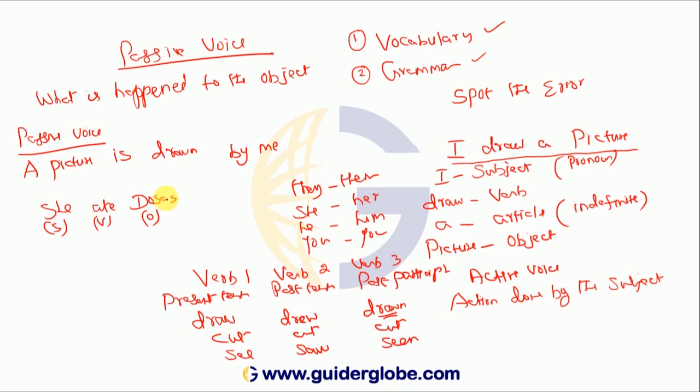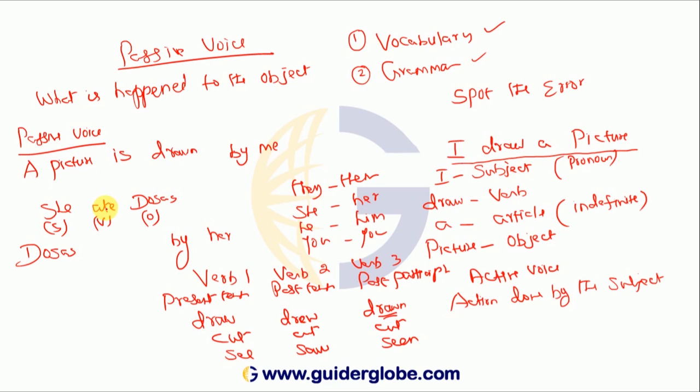She had eaten dosas. So bring the object to the front, the beginning: dosas. Whether dosas is singular or plural, it is plural. We must be very careful. Then you put by. She will become her. Just now I told you, possessive pronoun.